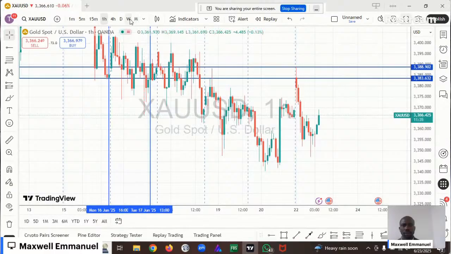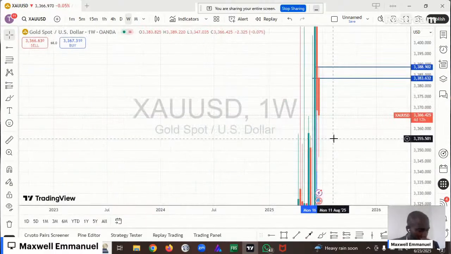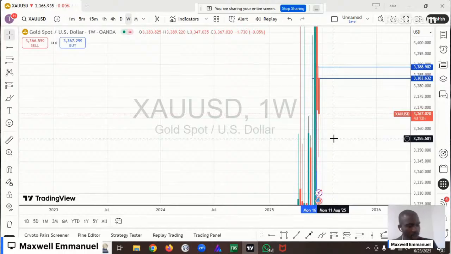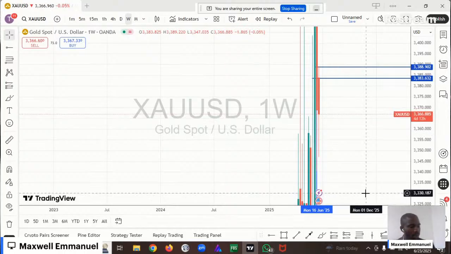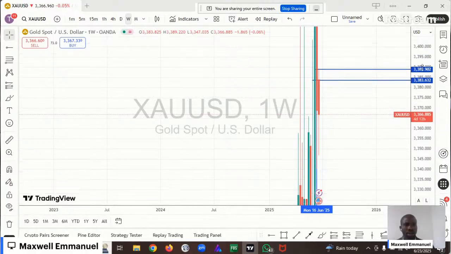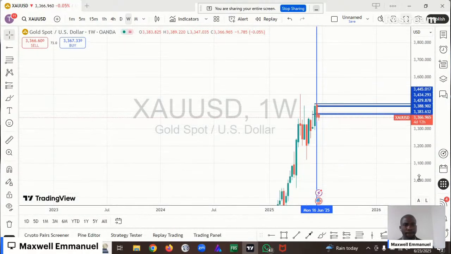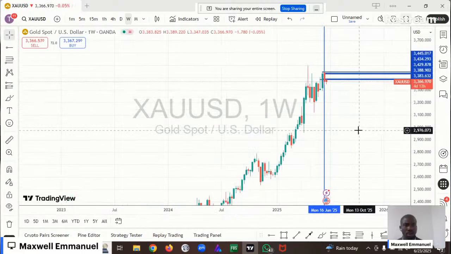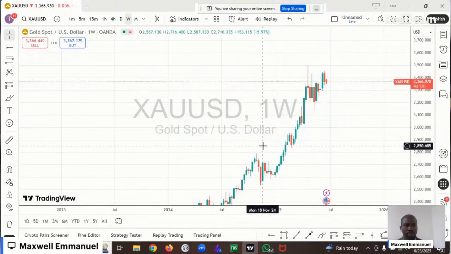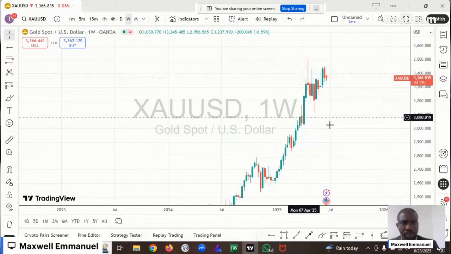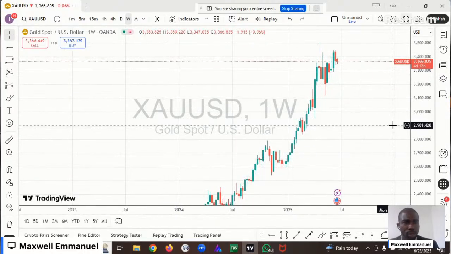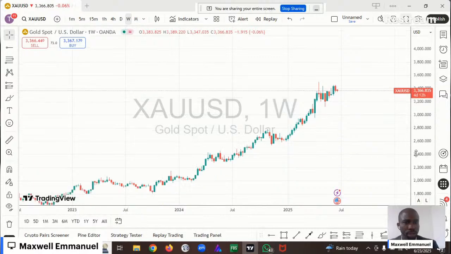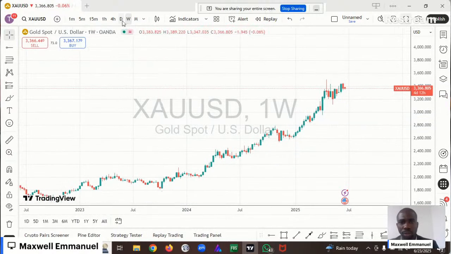Let's start with the weekly time frame. So this is weekly on gold. Last week was strongly bearish on gold. Let's go down to daily.